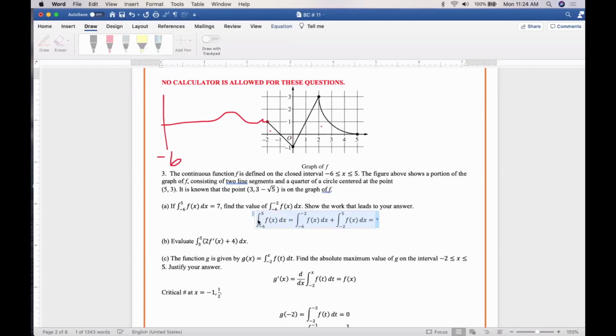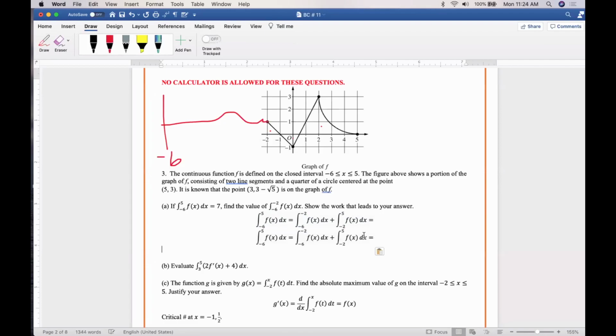The whole integral is given to me as 7. The first one, from -6 to -2, is hidden, and that's what the question is asking me to get. The integral from -2 to 5 is this area, so let's get that area.